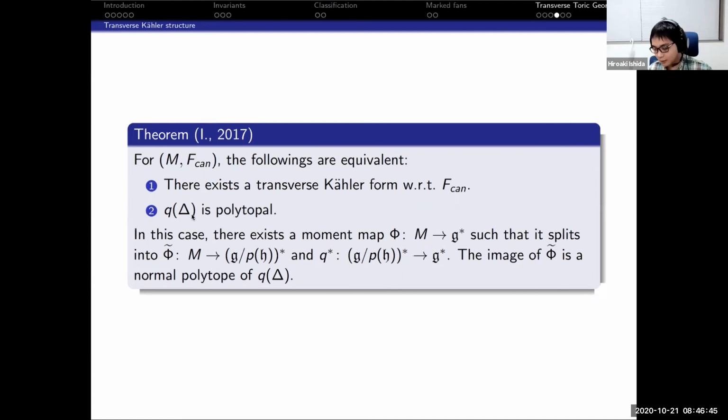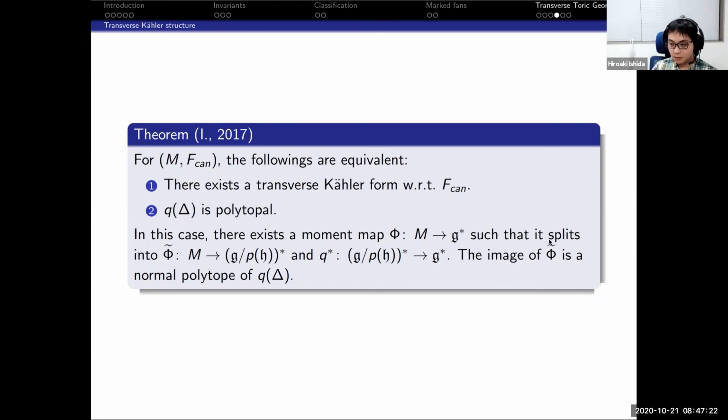Moreover, in this case, there exists a momentum map from M to g star such that this momentum map splits into a map to a dual space, which sits in the dual of the span, and a quotient map.